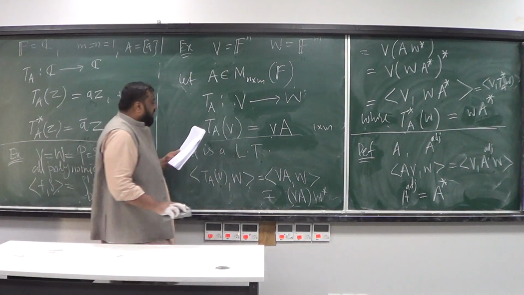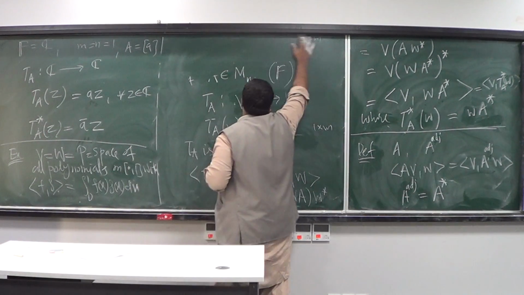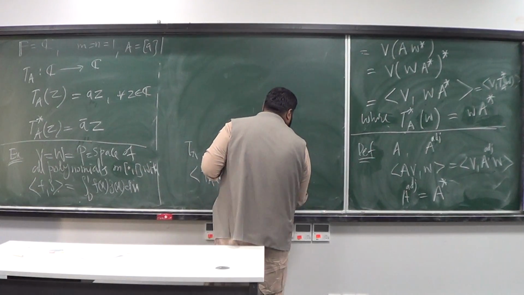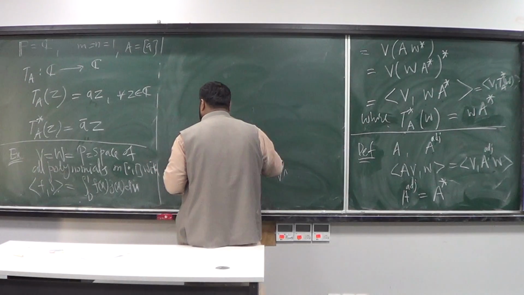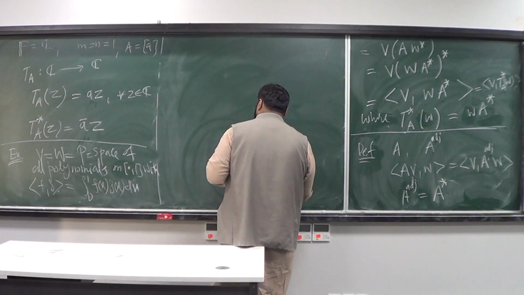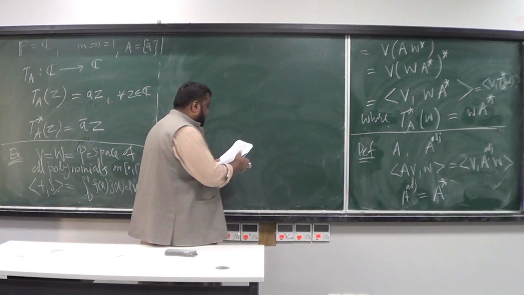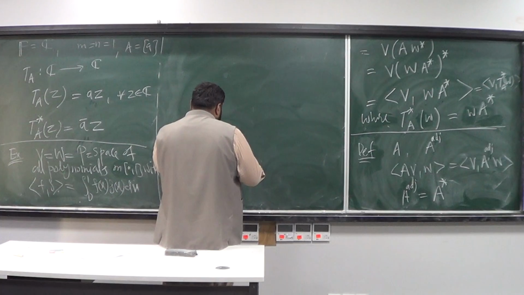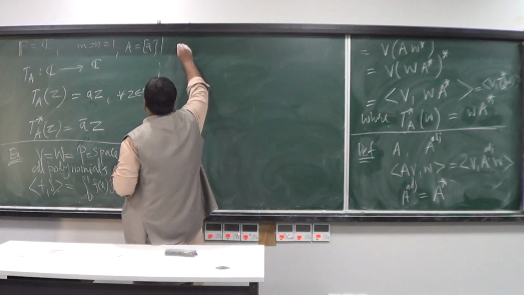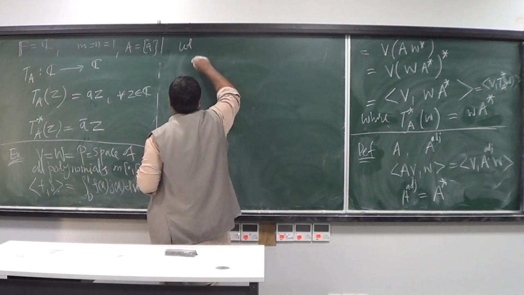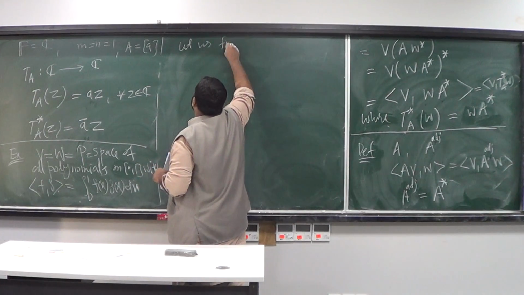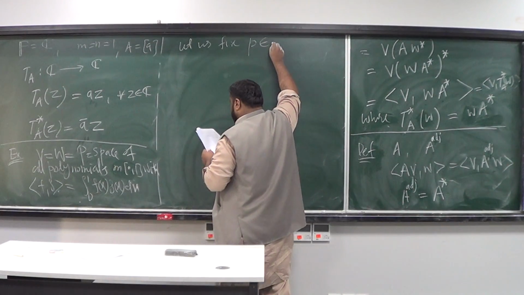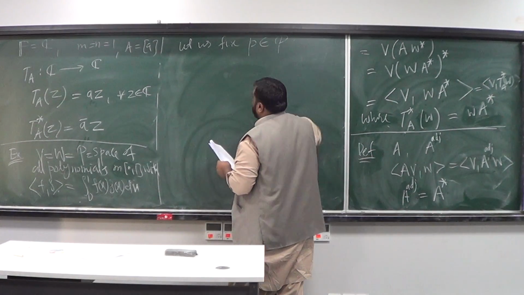And I would like to define an operator for which I would like to have the adjoint action. So here's the thing. Let us fix a polynomial p from the space of polynomials.